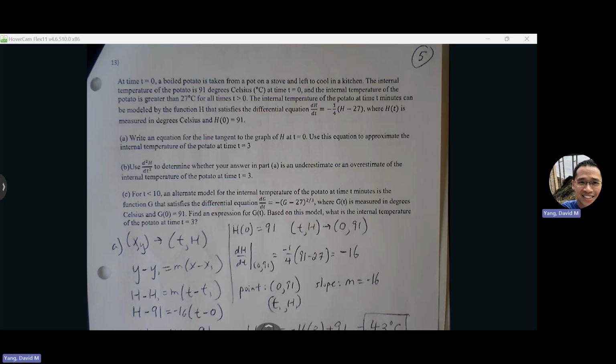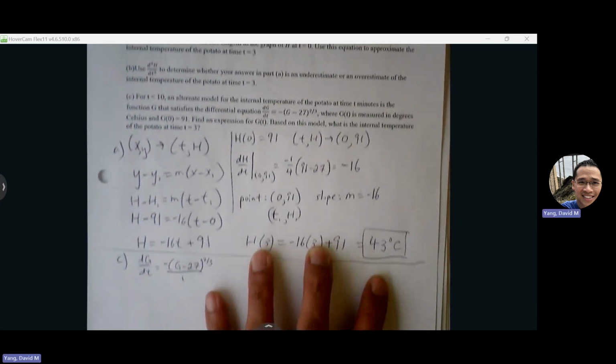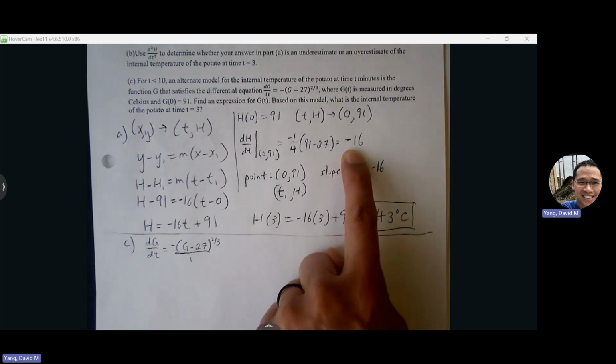So they give you an ordered pair of 0, 91. This will be your t sub 1 and h sub 1. We can plug in this ordered pair into the derivative to get our slope. Looks like my derivative only requires the h value, so I can plug 91 in for h, and I get a slope of negative 16. So I have my ordered pair, 0, 91, and my slope is negative 16.